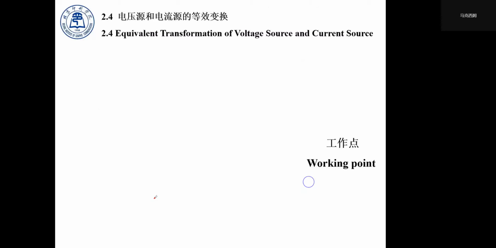And the other one is the equivalent transformation of voltage source and current source. So in this section, we're going to talk about how to transform the voltage source into a current source, and how to transform a current source into a voltage source. Say that we have an actual source that looks like this, an ideal voltage source combined with a resistor in series.